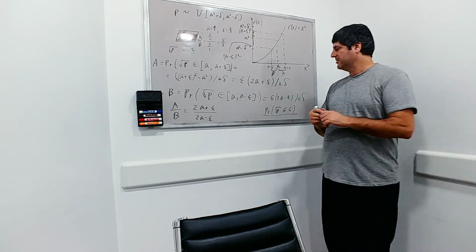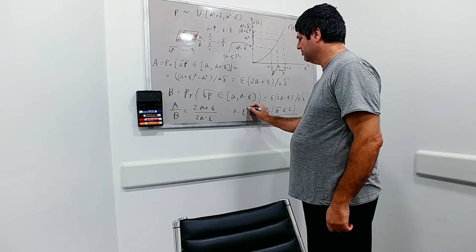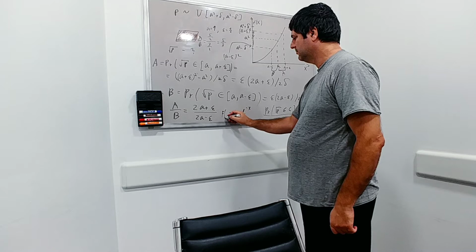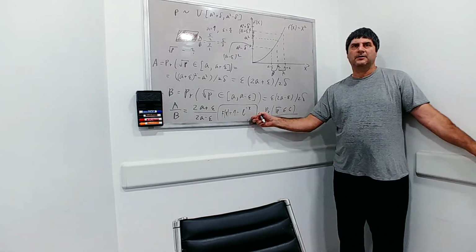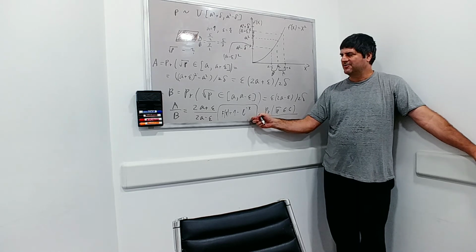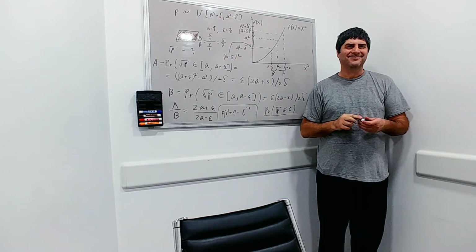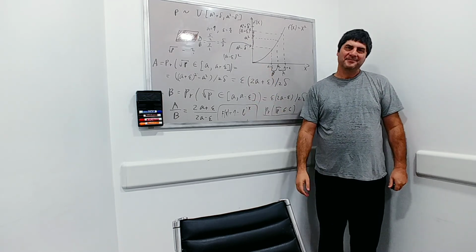So as an exercise, you can think about the exponential distribution, and try to see how you simulate it using a uniform distribution, using the same ideas. Okay, that's it.